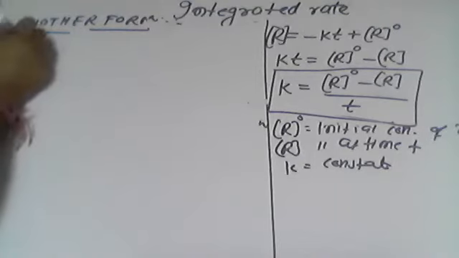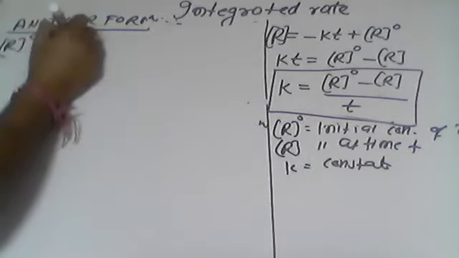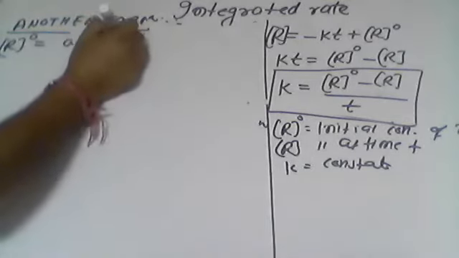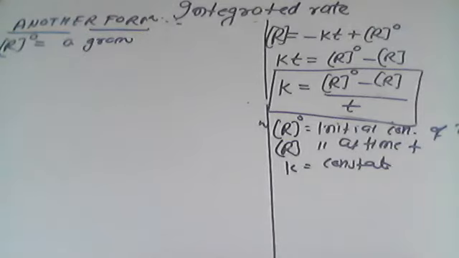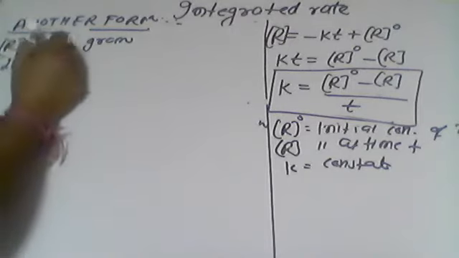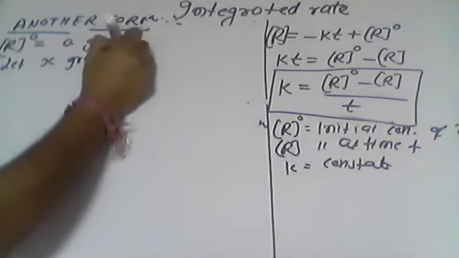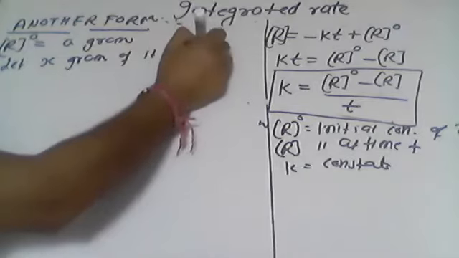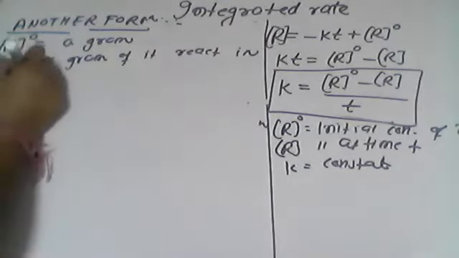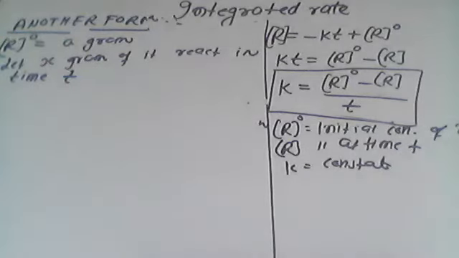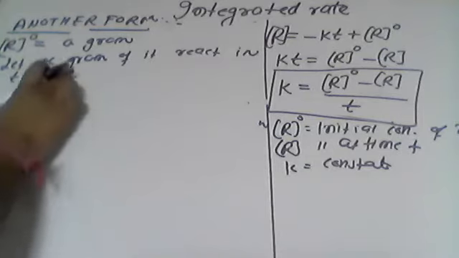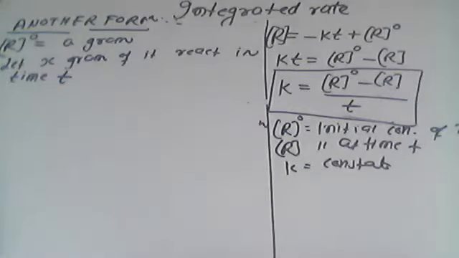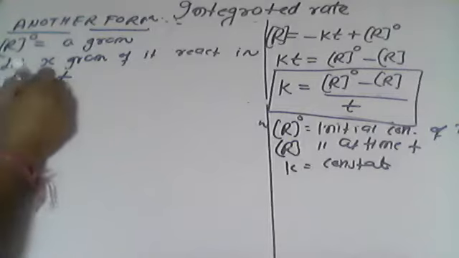Let the initial concentration R naught be A grams, and let X grams of it react in time T. If X grams react in time T, then what will be the final concentration R?